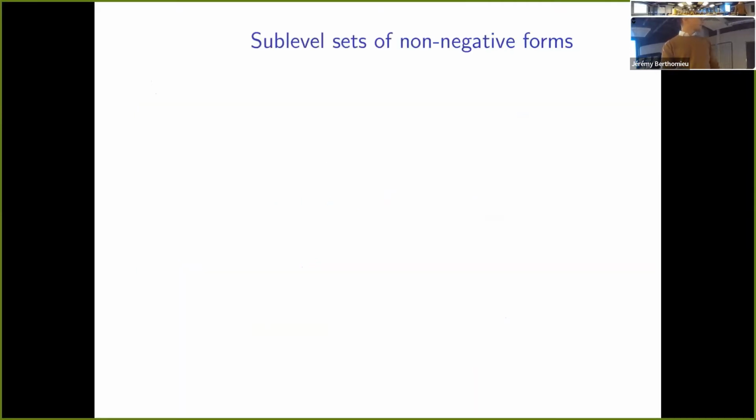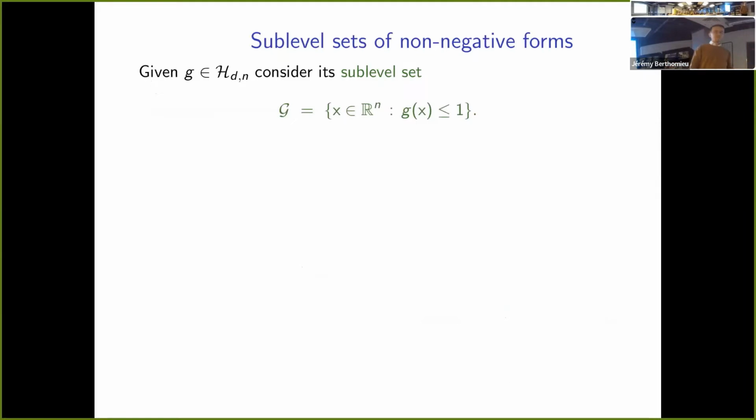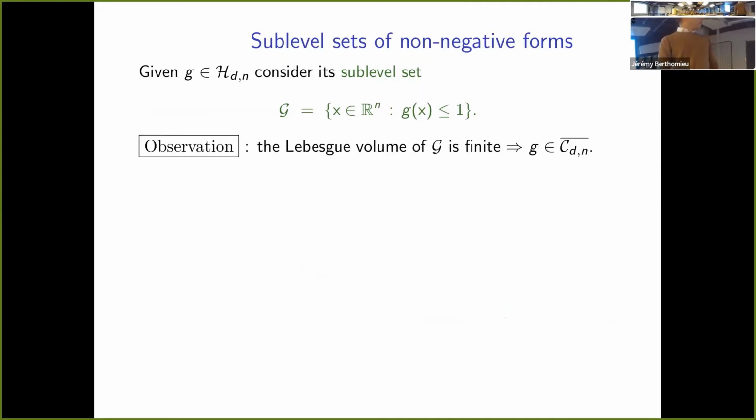Okay, now what do I mean by sublevel set of a form? If I pick any form g, then its sublevel set will be just the set of all those x where g takes value at most 1. And first of all, if we want to study the Lebesgue volume of such a set, then the first observation is that if we want to have finite Lebesgue volume, then necessarily, it's very easy to see, the form has to be non-negative.